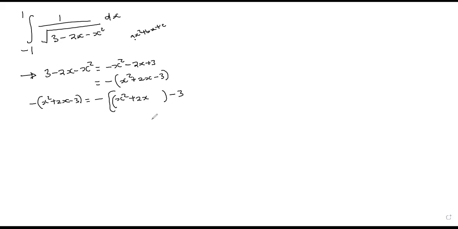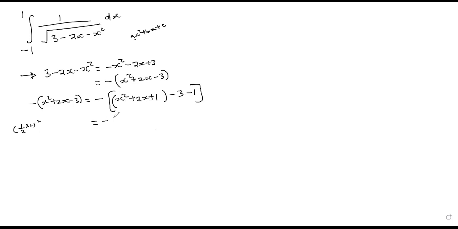Then here we add a half coefficient of x squared. The coefficient of x is 2, so we multiply by a half, then we square. And this is 1 squared, which remains 1. So we shall say plus 1. But because we don't want to change the expression from what we have, we shall subtract this 1 this side. And in that case, we have completed a square, because this is still x squared plus 2x minus 3, because the 1 will go with the 1.